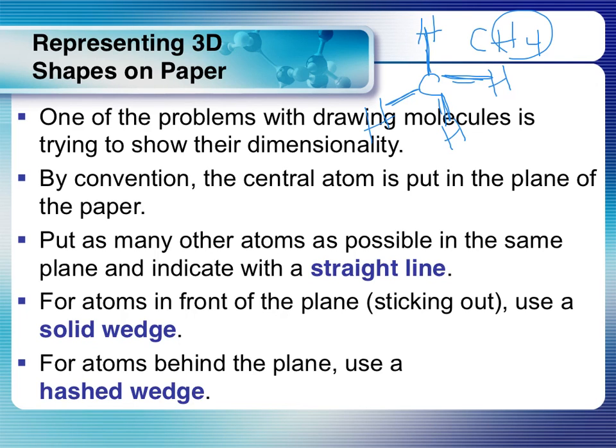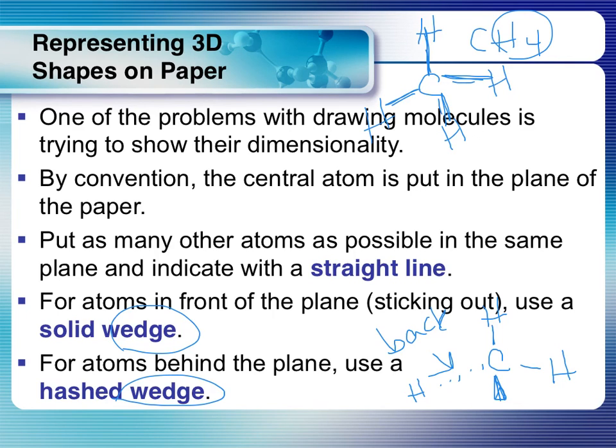Well, one way to do that is what we call wedges and hashes, hash marks. So what you do for a tetrahedral is you put two of the hydrogens in the same plane, so just single lines, and then one of them, this hash or dash line, is going back into the board or the paper or whatever, and when you see a wedge like this, it's coming out at you.